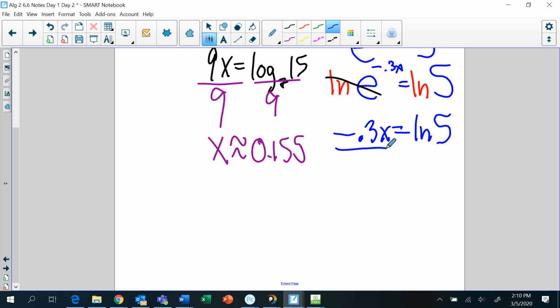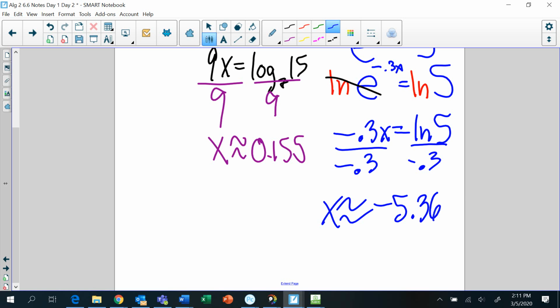Let's do it on our calculator and make sure we're typing it in correctly. No, it's negative.